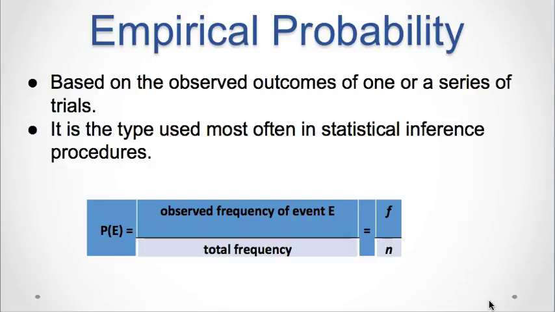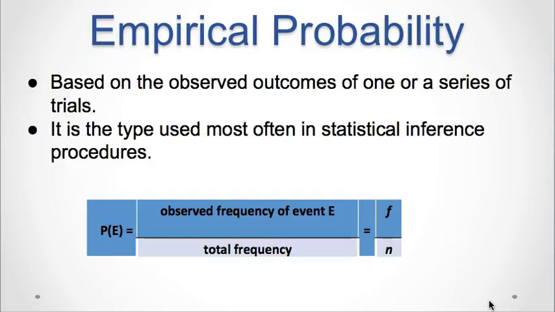So the probability of E equals the relative frequency of E, equal to the number of times E occurs divided by the number of trials or observations. The probability we get using the empirical method is an estimate because different trials of the probability experiment will lead to different outcomes, and so will produce different probabilities of event E.